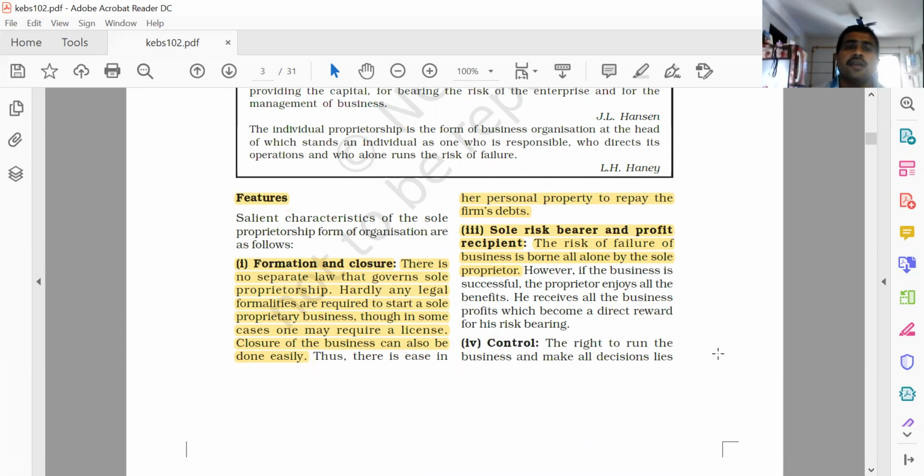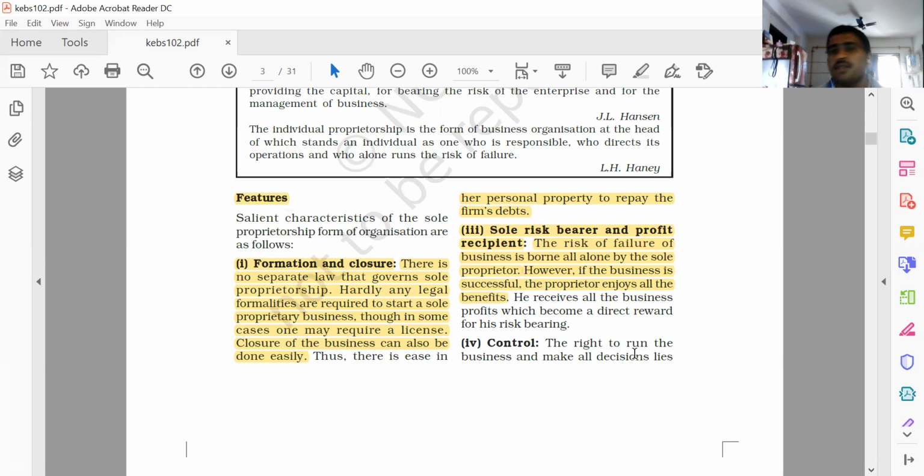However, if the business is successful, the proprietor enjoys all the benefit. If there is a loss, he has to bear it, and the profit will be his. That means he will receive the benefit and he has to bear the loss.